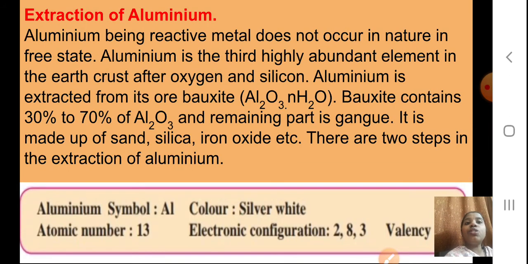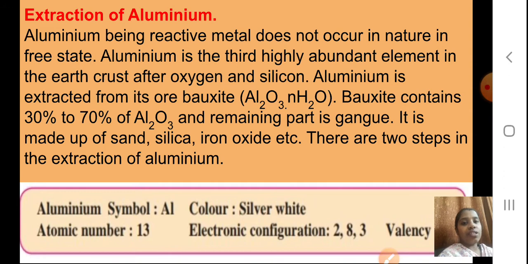Now, extraction of aluminium. Aluminium, being a reactive metal, does not occur in nature in the free state. You will not get it in the free state. Aluminium is the third most abundant element in the earth's crust after oxygen and silicon. Aluminium is extracted from its ore bauxite. Remember the molecular formula, Al2O3.nH2O, where nH2O means n number of water molecules.